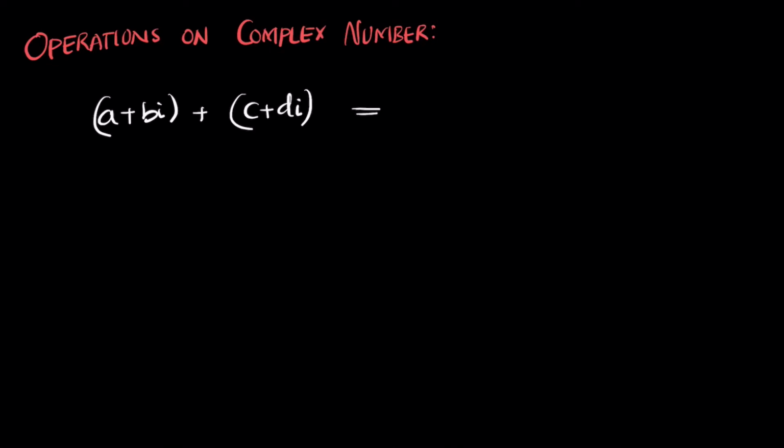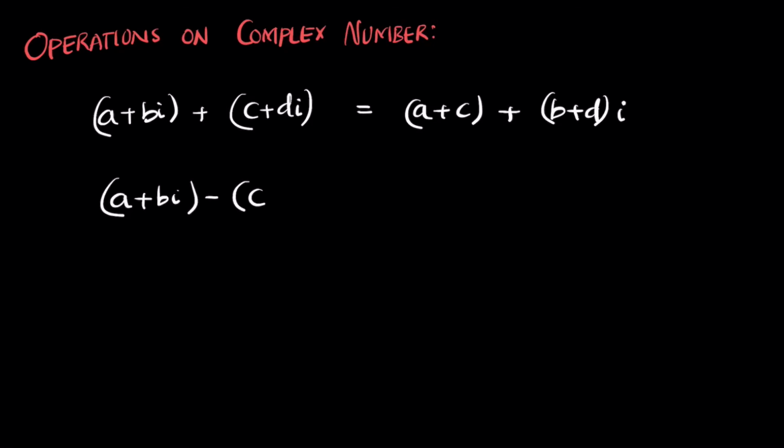The addition works in such a way where we add the real parts of the numbers separately, a plus c, and the imaginary parts of the numbers, b plus d, times i. And if you want to subtract, the same rule applies. So a plus bi minus c plus di is a minus c plus b minus d times i. This is how you can perform operations on complex numbers.